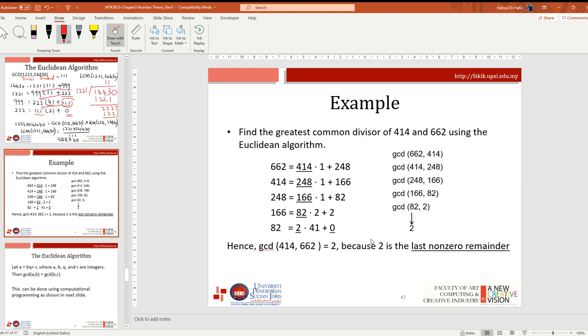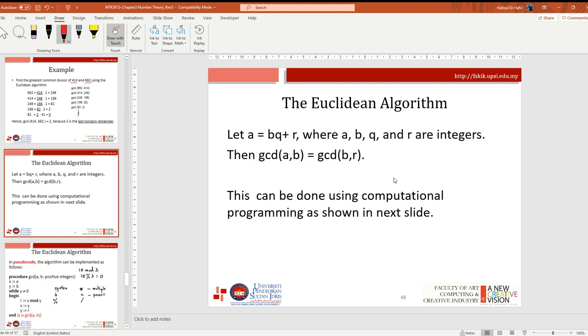Okay, this one is another example using the greatest common divisor, 414 and 662. This one can be done using computational programming as shown in the next slide.